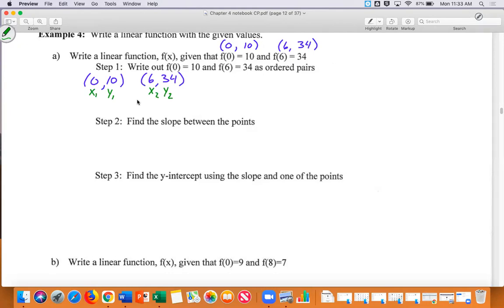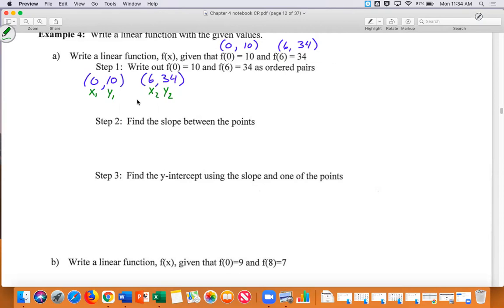What's step number 2? Write my equation. But I need to find the slope, right? Do you remember my slope equation? It's not y equals mx plus b.